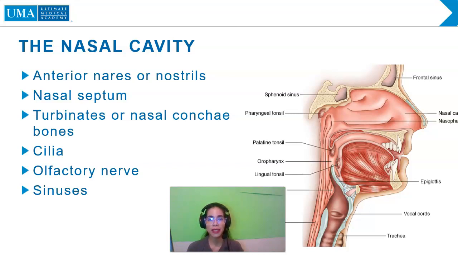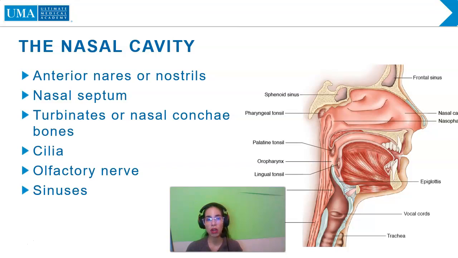And we also have cilia. What is cilia? Cilia are basically little tiny hairs that line our nasal cavity, as well as the pharynx and the trachea. These small hairs help to further filter the air by trapping larger dirt particles. By the time the air reaches the lungs, it is warmed, moistened, and filtered from any dust particles.